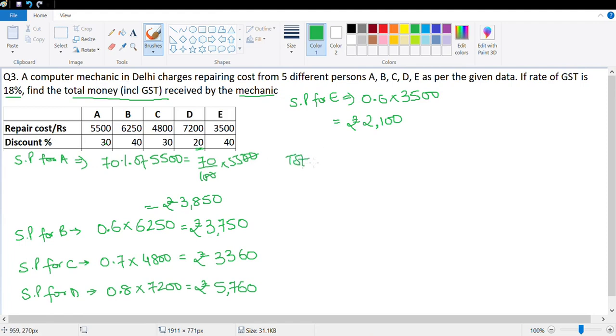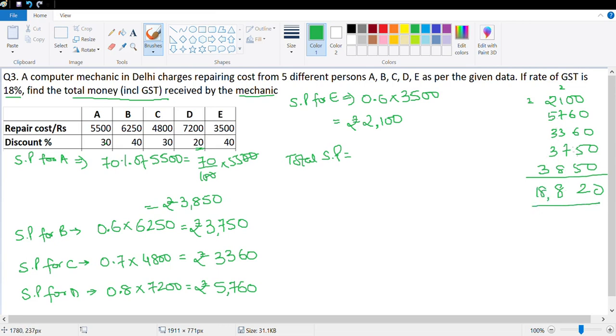So total SP would be equal to 2,100 plus 5,760, 3,360, 3,750, and 3,850. That's 0, 10, 16, 22. That's 2, 3, 10, 20, 28. That's 2, 4, 9, 12, 15, 18. That's 18,820.